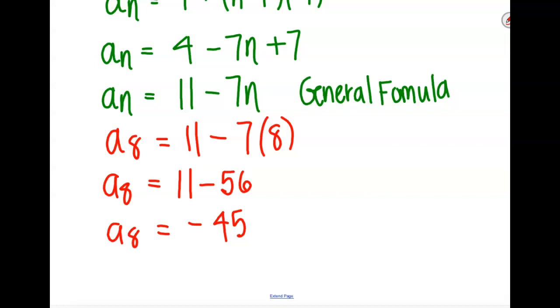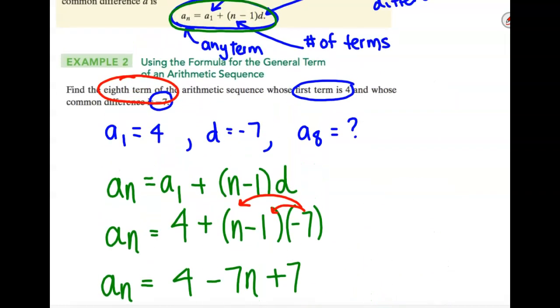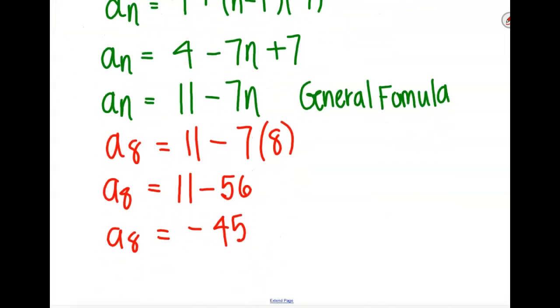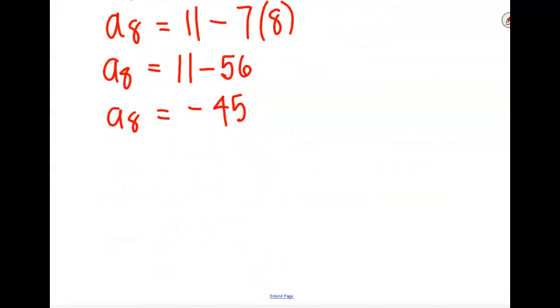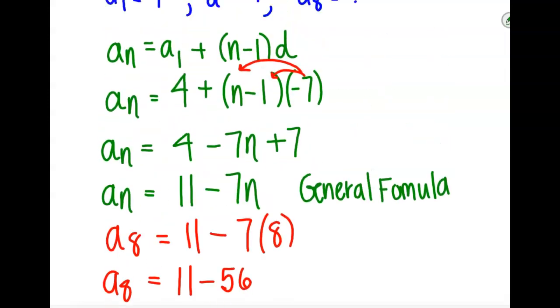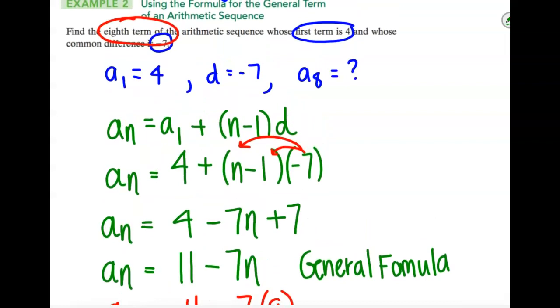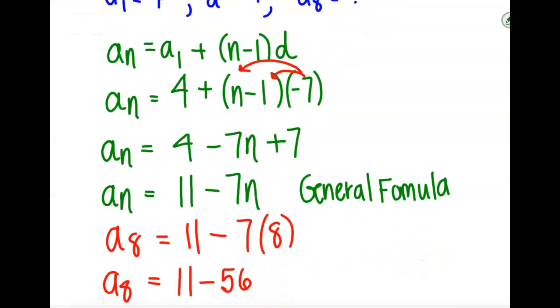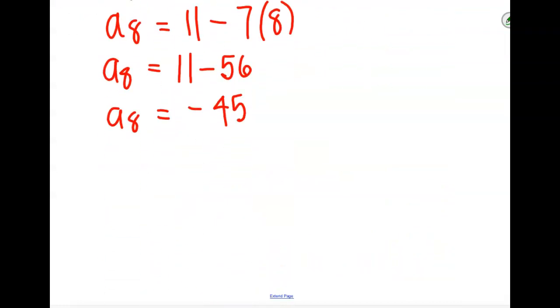Now, could we have just listed out all of the terms starting at term 1 and keep subtracting 7, and 7? Sure, you can do that, but we're using the formula instead. So you could have found all 8 terms if you wanted to by writing that pattern out. So you would say, here's the first term, 4.